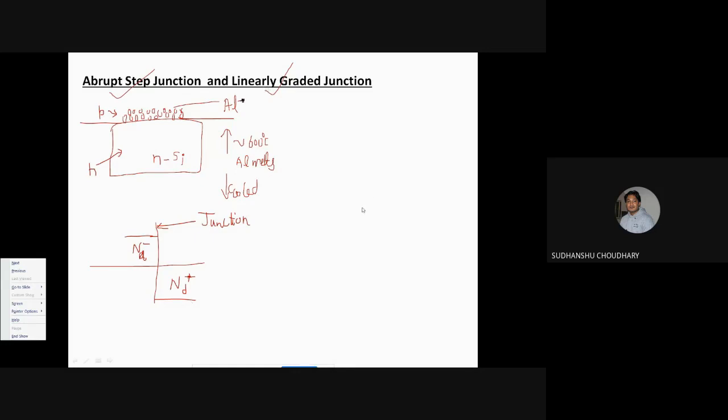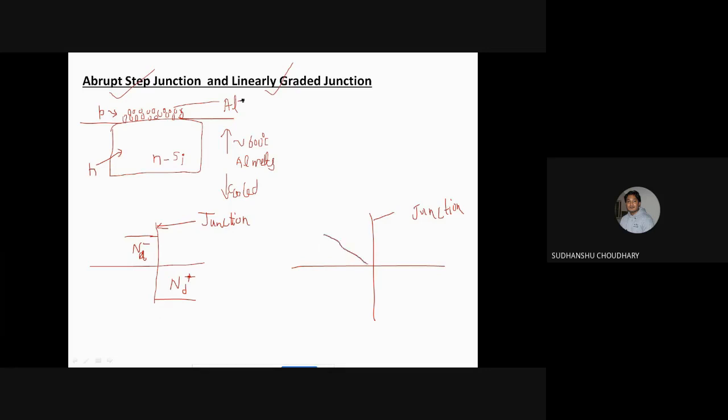However, in a linearly graded junction, the carrier concentration does not change abruptly at the junction. Again, this line represents my junction. The carrier concentration does not change like a step, but it changes linearly.